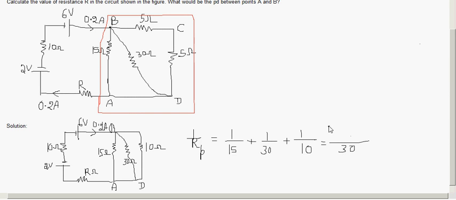So 2 plus 1 plus 3 is equal to 6 by 30, or 1 by 5, or Rp is equal to 5 ohm.